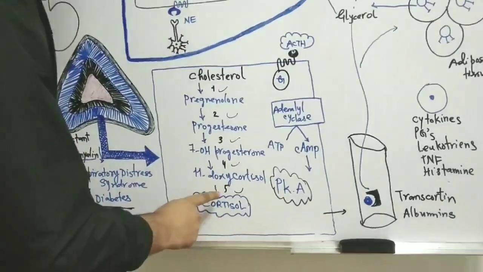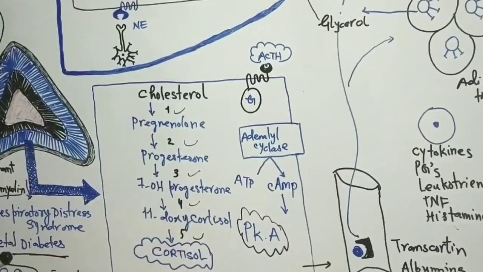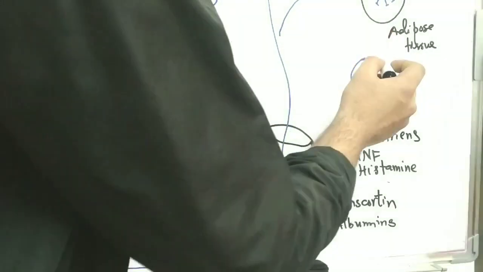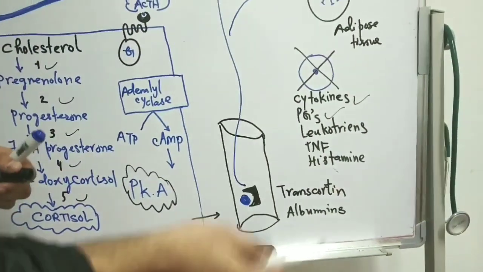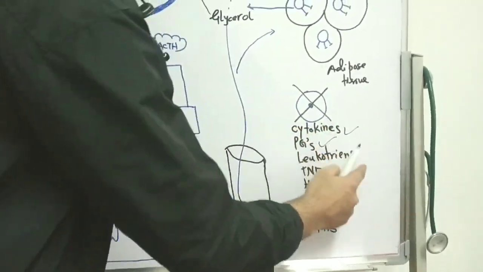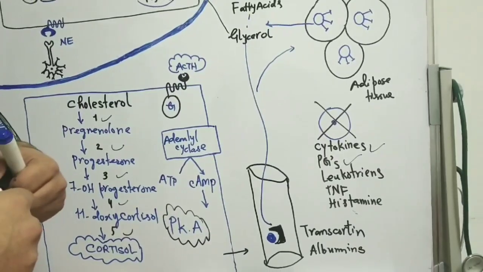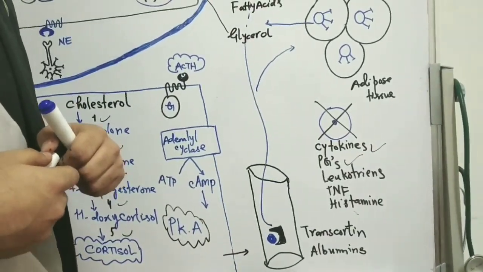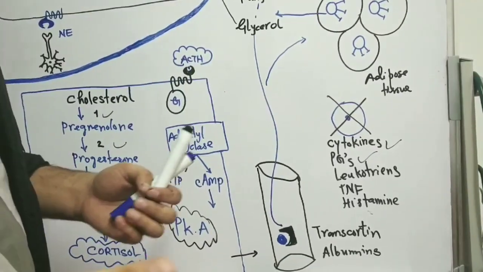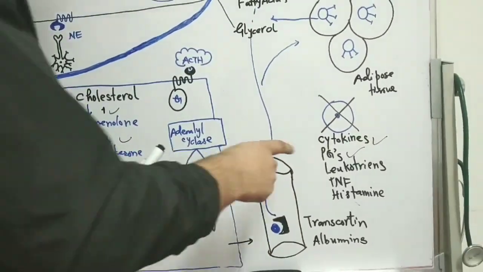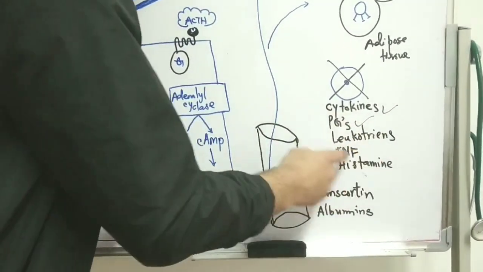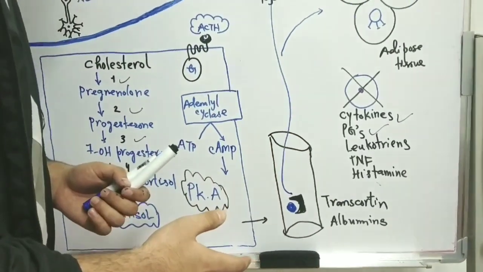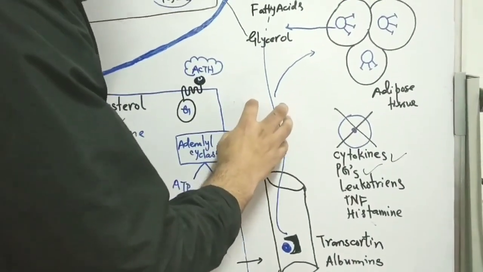Look at here, the cortisol. This cortisol is immunosuppressive. It suppresses our immune cells. When the immune cells get suppressed, they will no more release the prostaglandins, cytokines, leukotrienes. If the patient is suffering from any infection, whether bacteria or virus, when it enters into our body, due to the immunosuppression there will be no release of the cytokines. Eventually, the other immune cells will not come here.